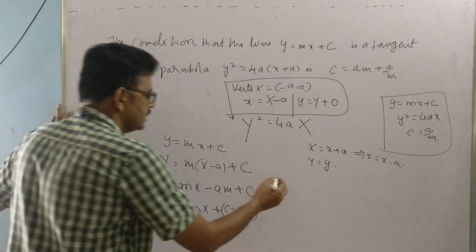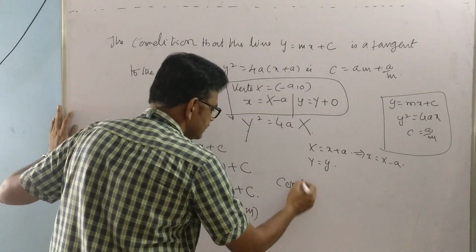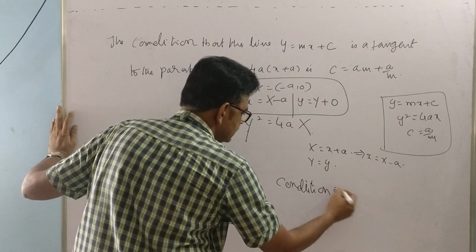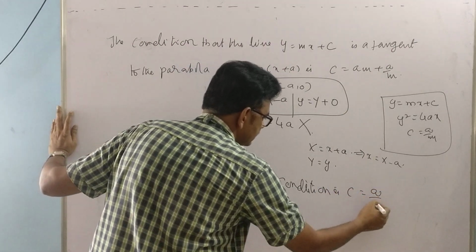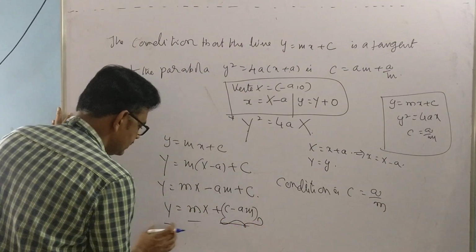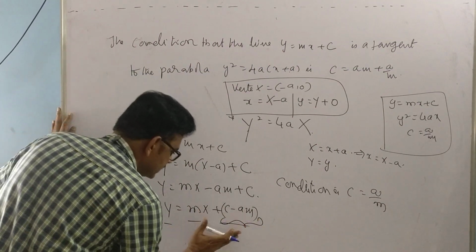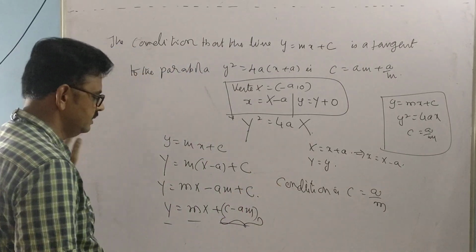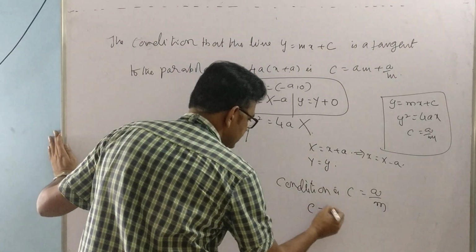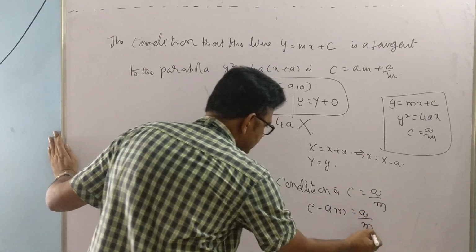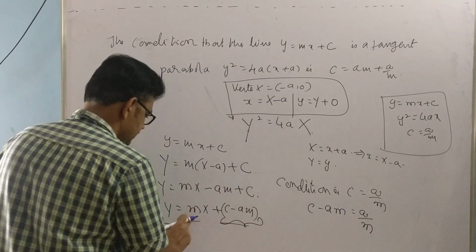Okay, now you know the condition. What is the condition for tangent? The condition is c is equal to a by m, where c is this part in y equal to mx plus c, the transformed line and transformed parabola. So c minus am is equal to a by m, where a is a and m is this m.